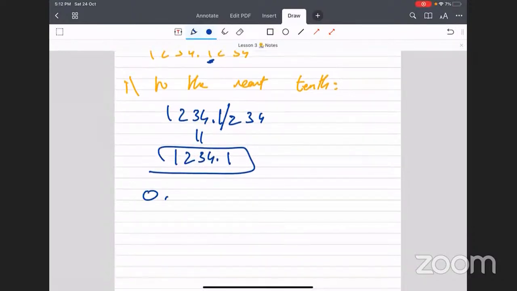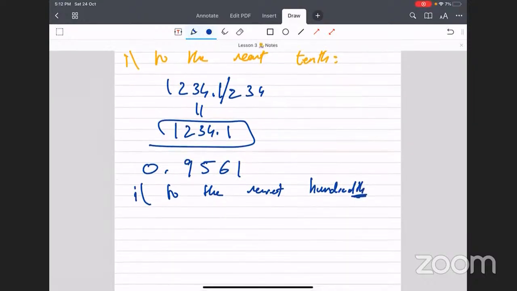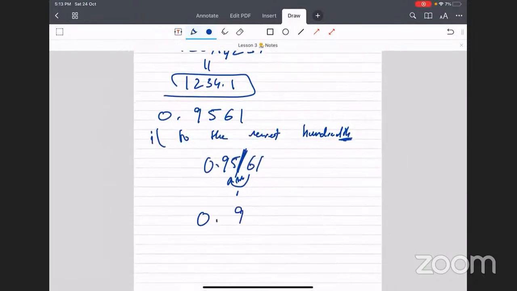Let's take another example. 0.9561 to the nearest hundredth. So we will do it like that. 6 is greater than 5, then I'll add 1, that would be 0.96.